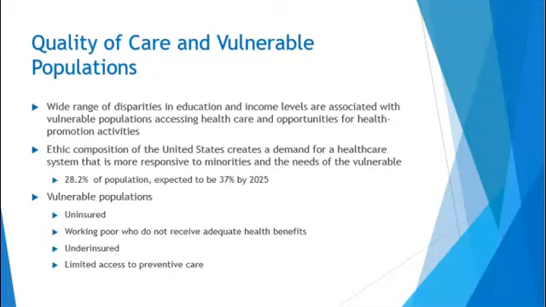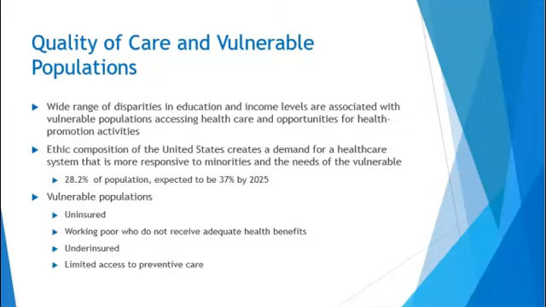And then quality of care in vulnerable populations. So, we obviously know that we have a wide range of disparities, and education and income levels are associated with vulnerable populations when they're accessing health care. So, the ethnic composition of the United States creates a demand for a healthcare system that is more responsive to minorities and the needs of the vulnerable.